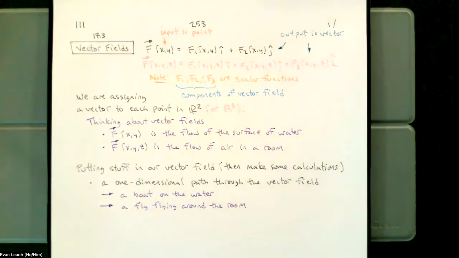So we're going to imagine at every point in this room, a vector indicating the direction that the air is flowing. And now we can put a one-dimensional path through the space. And we can just imagine a fly flying around. In both cases, we can imagine that path being helped or hindered by the vector field.